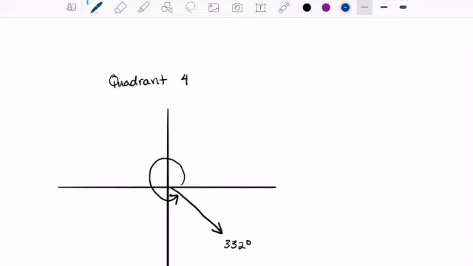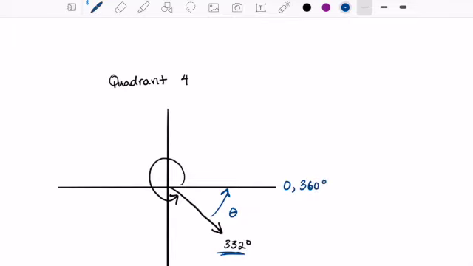Finally, in quadrant 4, we have 332 degrees. Fastest way back to the x-axis is going back to the positive side of the x-axis. I want to know what is the measurement of theta. So when I am in quadrant 4, my method is simply taking, I know this is 0, but we're definitely past 0. I also know all the way around is 360 degrees.